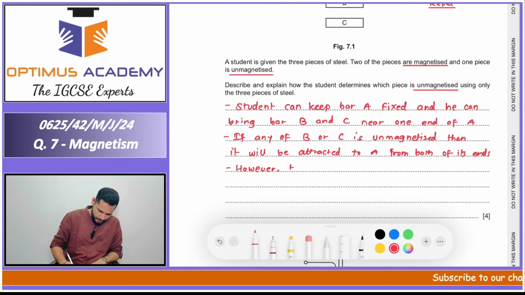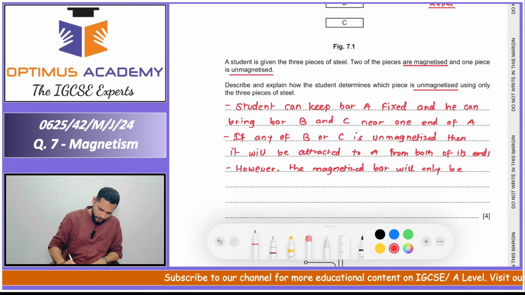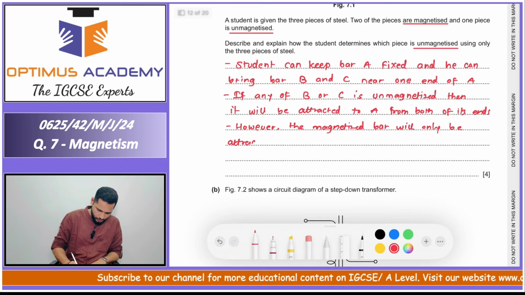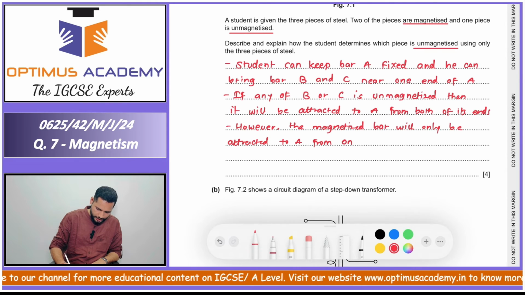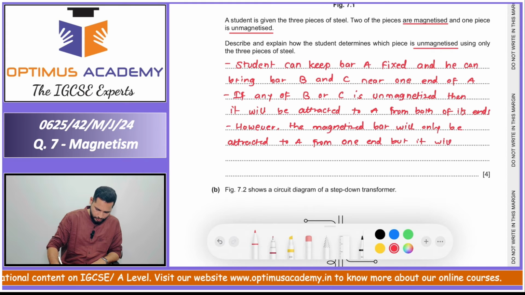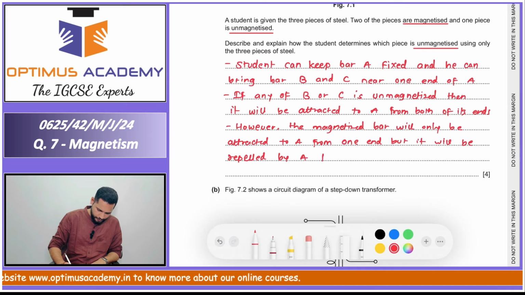However, the magnetized bar will only be attracted to A from one end, but it will be repelled by A from the other end.